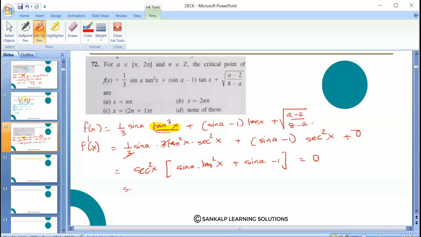Of course, secant square x will never be 0. So sine a into tan square x plus sine a minus 1 has to be 0. Or I can write tan square x is 1 minus sine a by sine a.